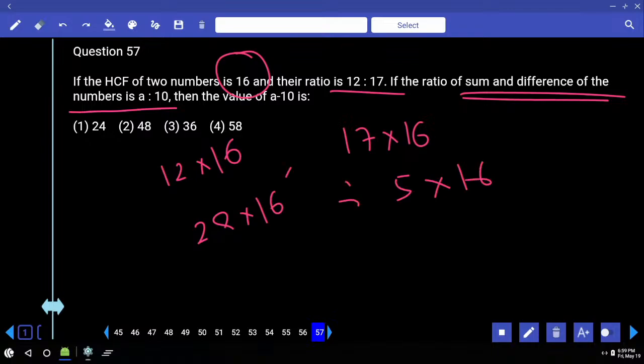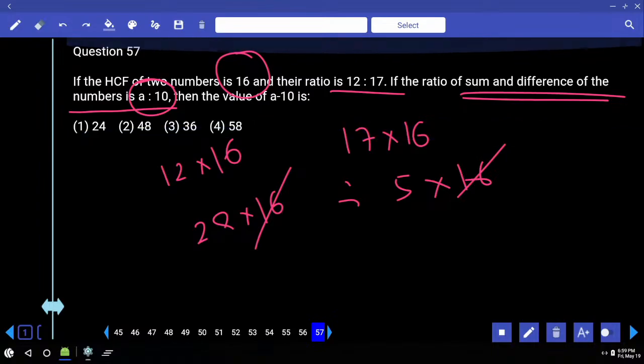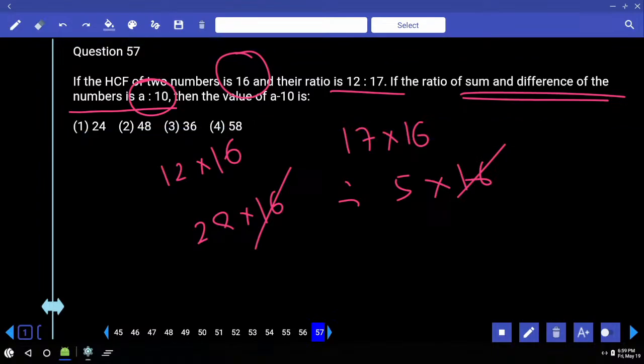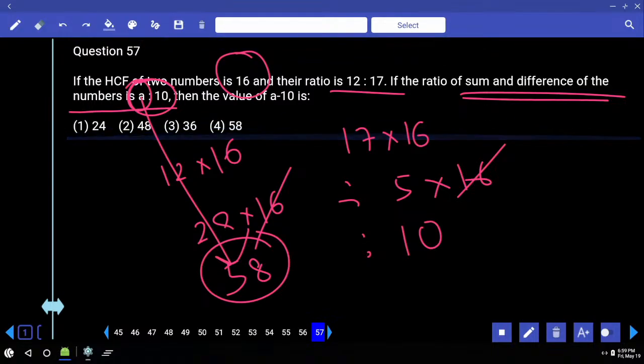The ratio is 29:5. It must be equal to A:10 kadandi. Ante 58:10. 29:5 is nothing but 58:10. Therefore A is 58. If A is 58, A minus 10 is 48.